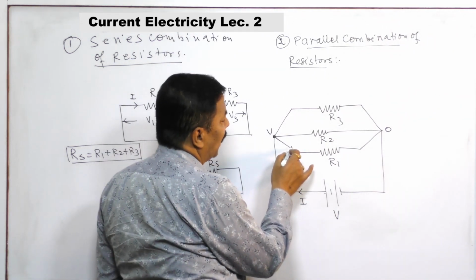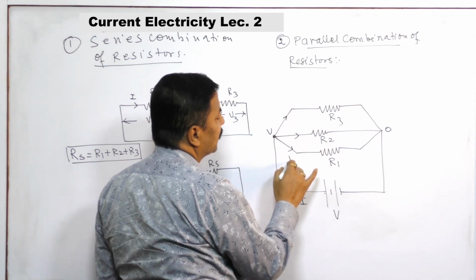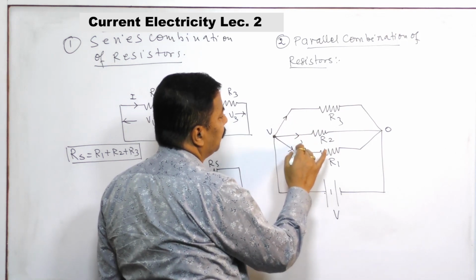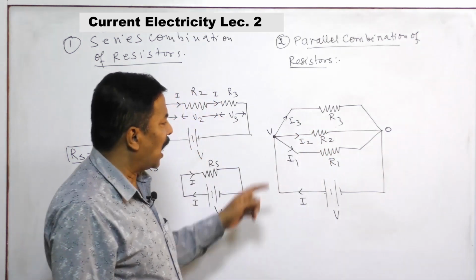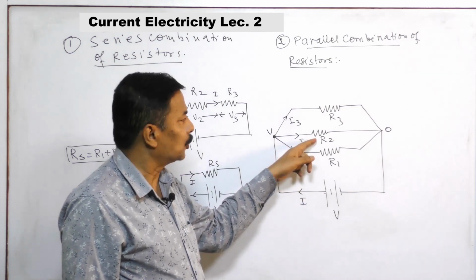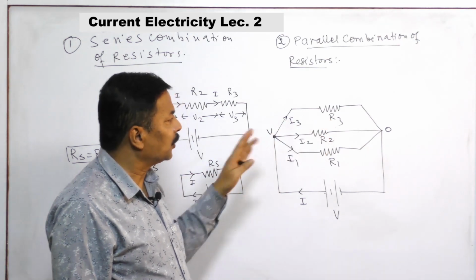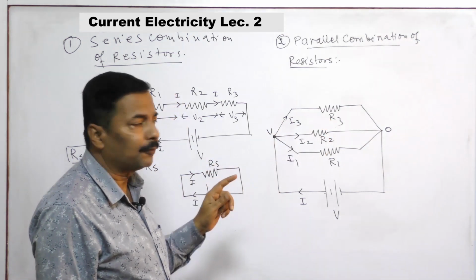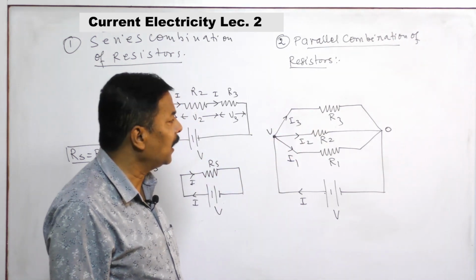Only thing is that the current through each resistor is different: I1, I2, I3. I1 is the current through resistance R1, I2 through R2, I3 through R3. You should understand this very carefully, that the potential difference remains the same.